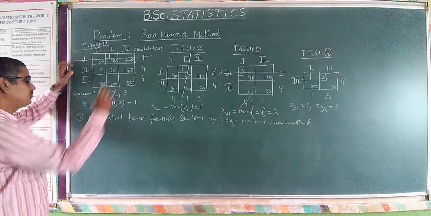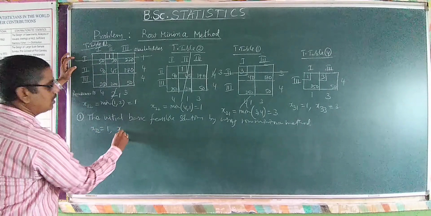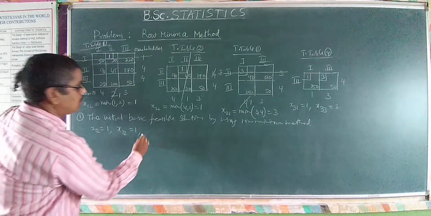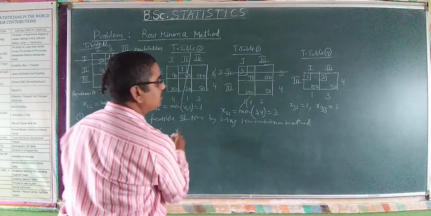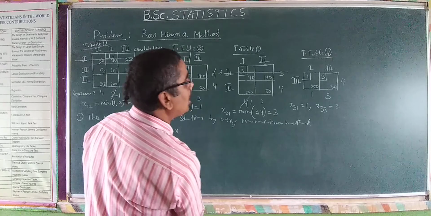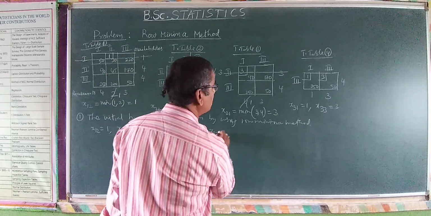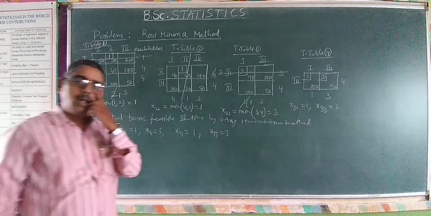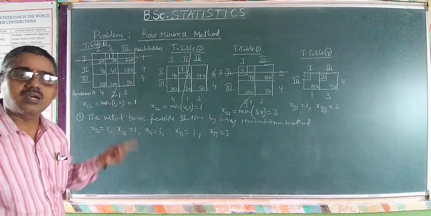What is the initial basic feasible solution? x12 is equal to 1, x22 is equal to 1, x21 is equal to 3, x31 is equal to 1, and x33 is equal to 3. These are the allocations in the row minimum method, which is called the initial basic feasible solution.